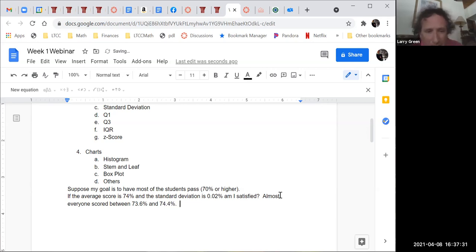So farther than 2 standard deviations is an outlier. Okay, so what I did is I doubled the standard deviation, and then I subtracted and added. So double 0.02% is 0.04%.